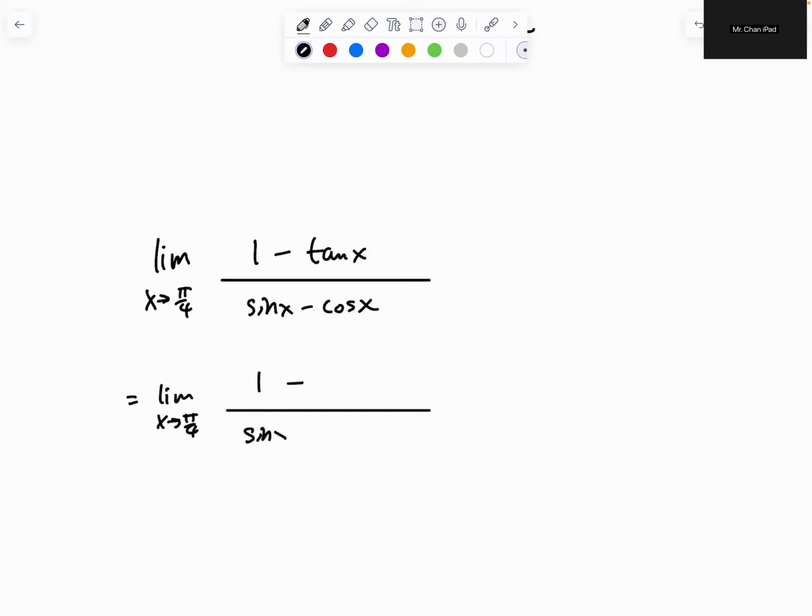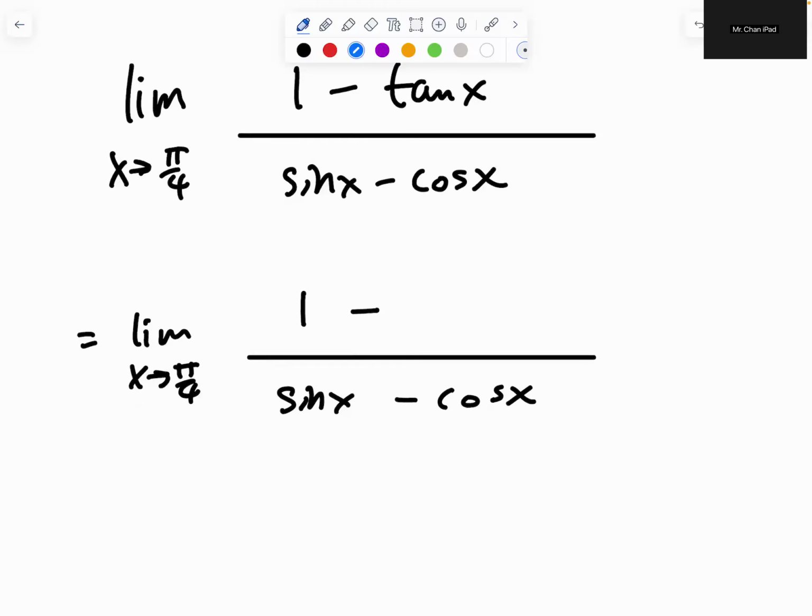Well, there's not much to think about right here, since it's not like there's a square. You're not doing something like sine squared plus cosine squared. It's just sine, cosine, tangent. So the only thing that we can think about changing would be tangent. And this is where I would like to inject my comments: this should be done with your mental math.